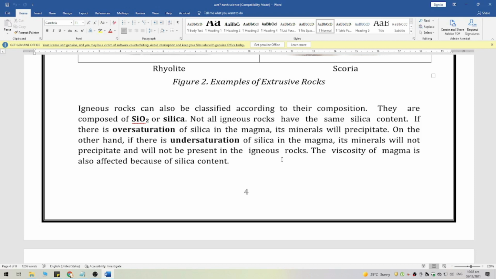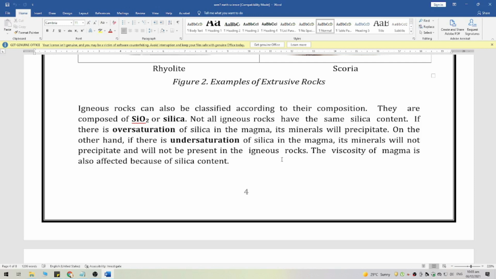If there is oversaturation of silica in the magma, its minerals will precipitate. On the other hand, if there is undersaturation of silica in the magma, its minerals will not precipitate and it will not be present in the igneous rocks. The viscosity of magma is also affected because of silica content.